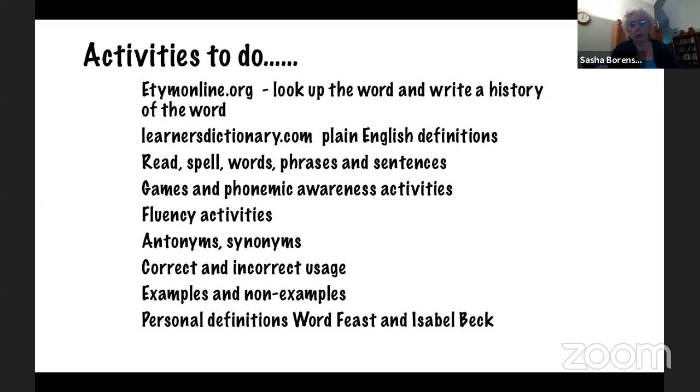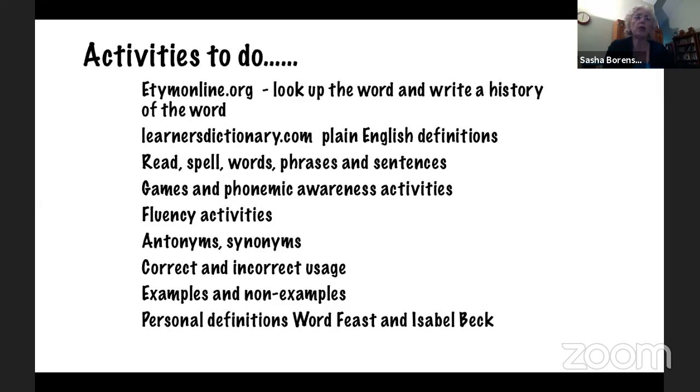Learnersdictionary.com, they will, okay? You want to have your students read words. Sometimes I'll make a list of 10 words, and on Monday they read those words, and on Wednesday they spell those words. I use the same words. Spelling is harder than reading, so I have them read it first.